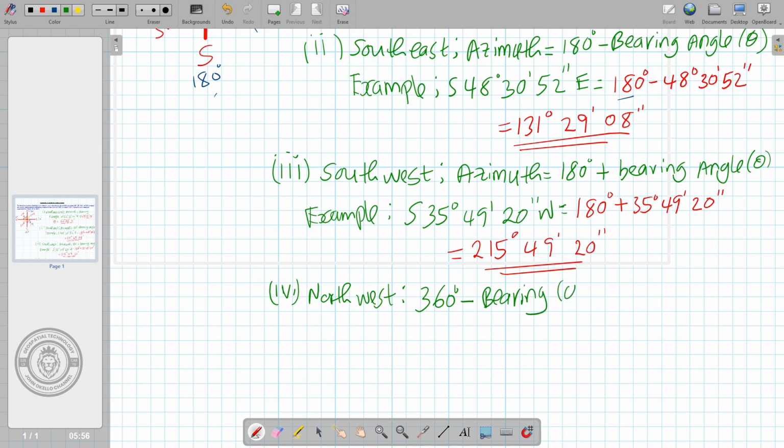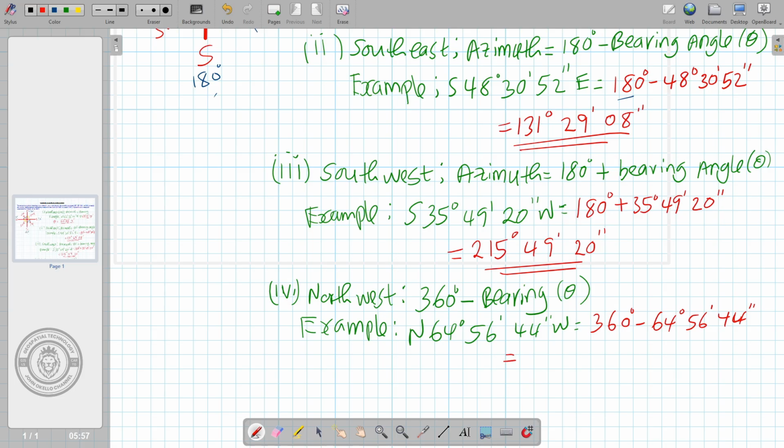An example is N 64 degrees, 56 minutes and 44 seconds W, which will be 360 degrees minus 64 degrees, 56 minutes and 44 seconds.